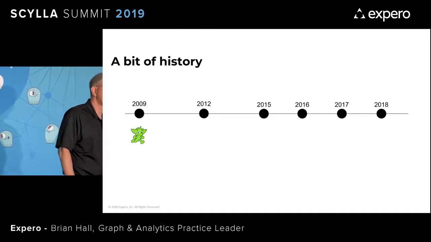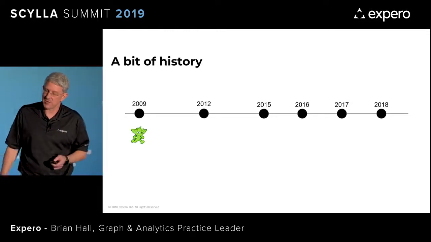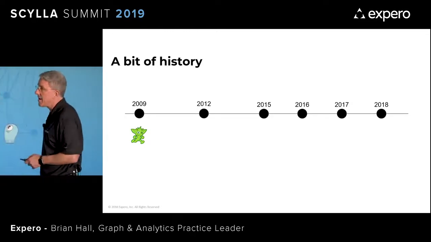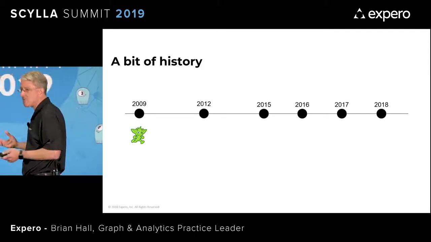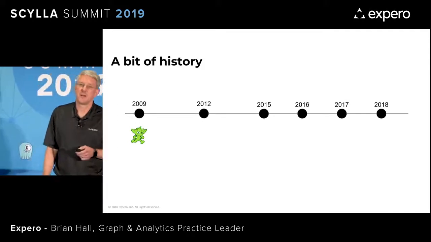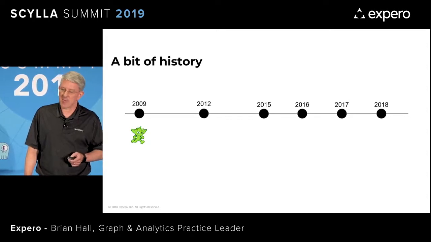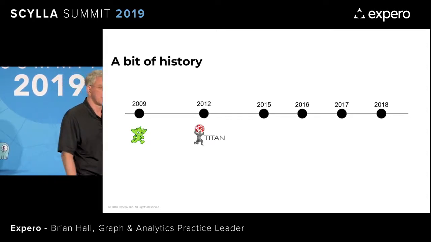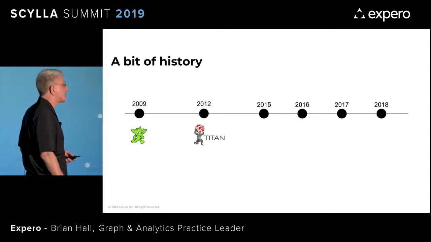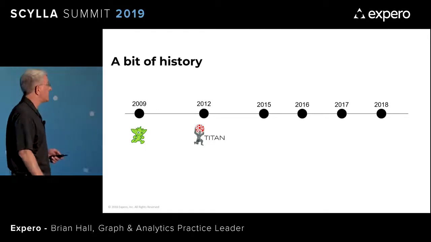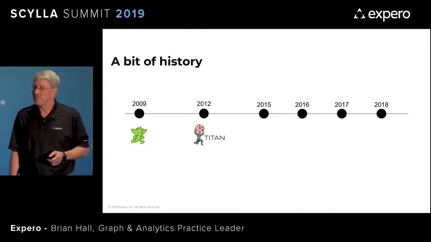A little bit of history about how we got to where we are with JanusGraph. Back in 2009, the Gremlin query language, which is the lingua franca of JanusGraph, came into existence. JanusGraph had a predecessor open source project called Titan that was started in 2012.